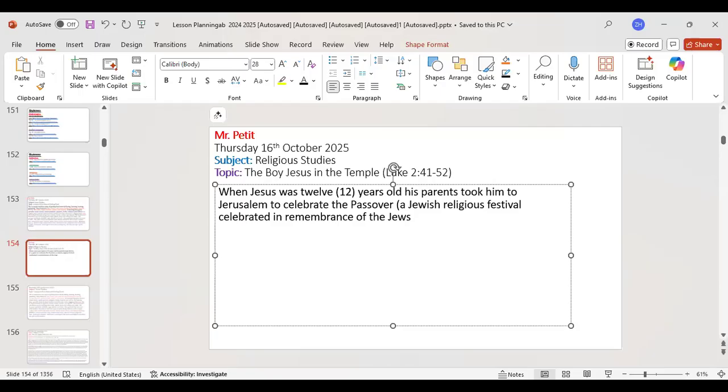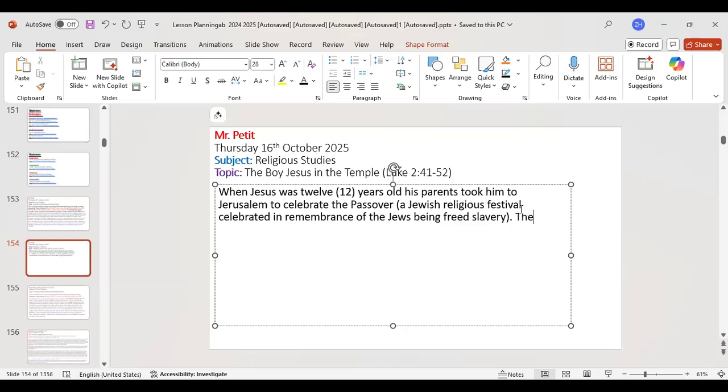A Jewish religious festival celebrating the remembrance of the Jews being freed from slavery. That's when the angel passed over and they didn't kill their firstborn, but they killed the firstborn of the Egyptians.